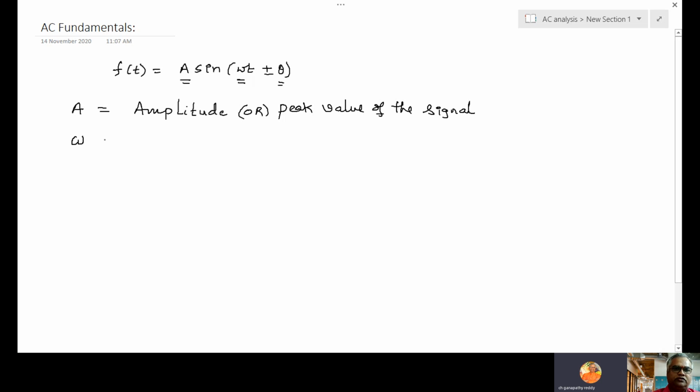Then omega is angular frequency. Units are radians per second. This is equal to 2 pi f, where f is the normal frequency.